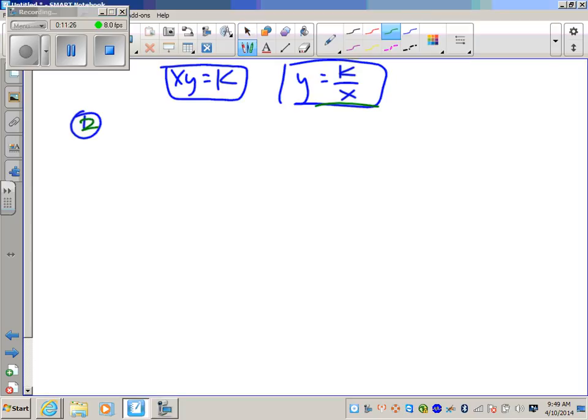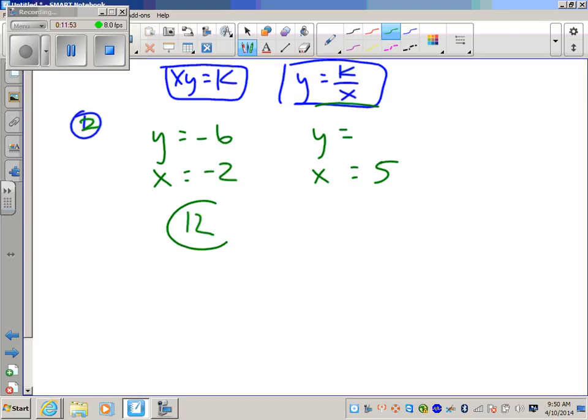All right, number 2. If y is negative 6 when x is negative 2, find y when x is 5. So x times y gives us what for k?